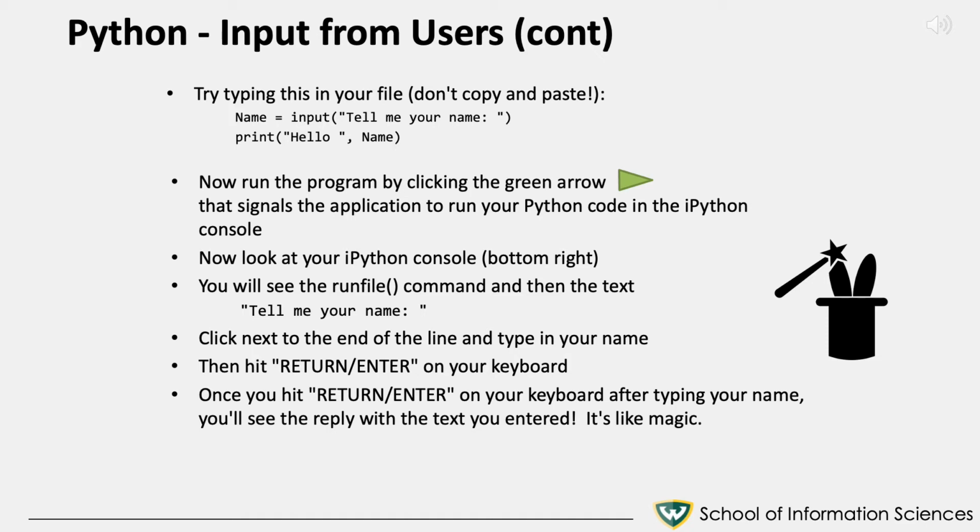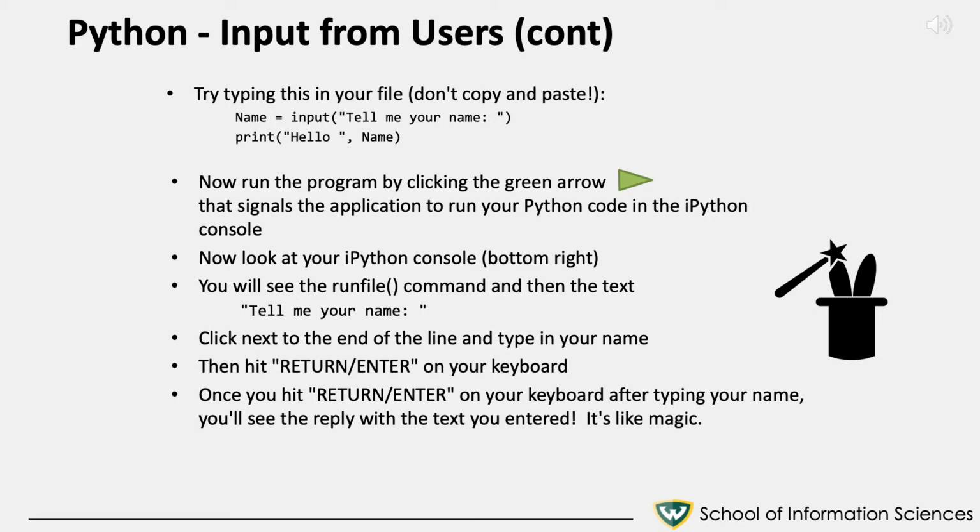That does nothing visible. That's just assigning whatever the user inputs to the variable name. So you're going to see, tell me your name. You can type in whatever your name is, or whatever you want. It will be assigned to the name variable.